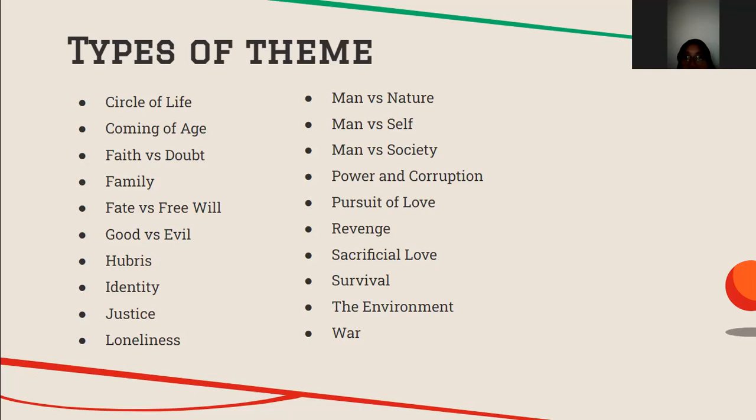And then there's faith versus doubt, family, faith versus free will, good versus evil, hubris, identity, justice, loneliness, man versus nature, man versus self, man versus society, power and corruption, pursuit of love, revenge, sacrificial love, survival, the environment, and war.